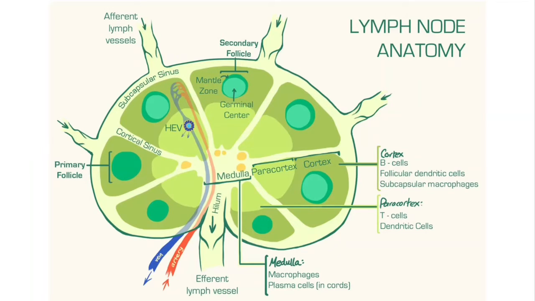Here is a diagram of the filter, the lymph node. The lymph node is going to receive multiple afferent lymphatic vessels coming from tissues, and the lymph will enter the lymph node in a sinus surrounding the lymph node, and this is called the subcapsular sinus.